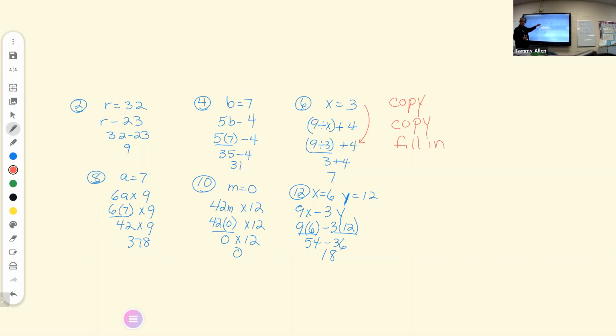Okay? This is called the value of the variable. This is called the expression. This is called the substitution step. We're substituting the number for the variable. Okay? Does that help? Well, we're just copying these two right from the book. This is a given, this is a given. And now we start working.